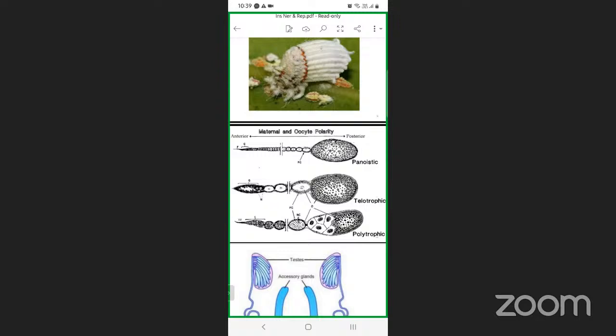When we see the egg shape and size, mature insect eggs vary in different groups of insects, but typically they are elongated and oval in longitudinal section.